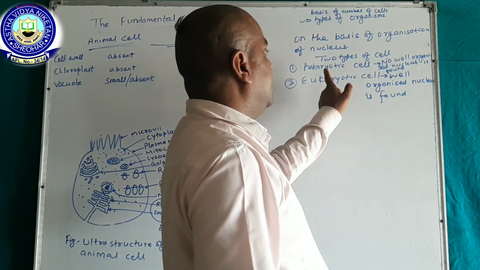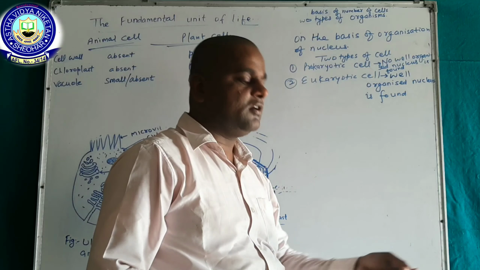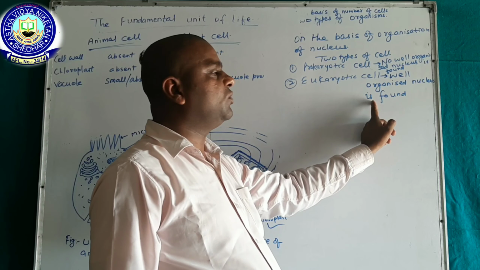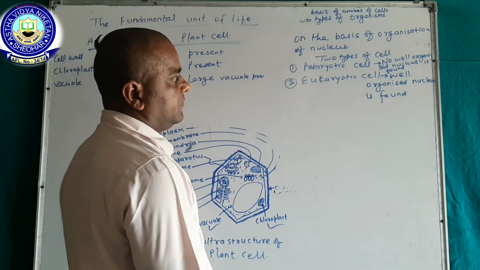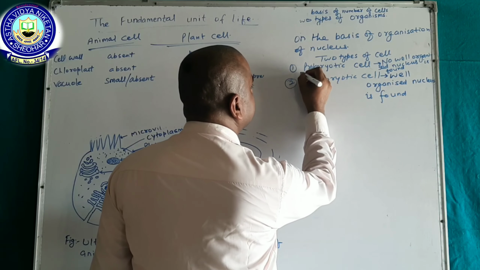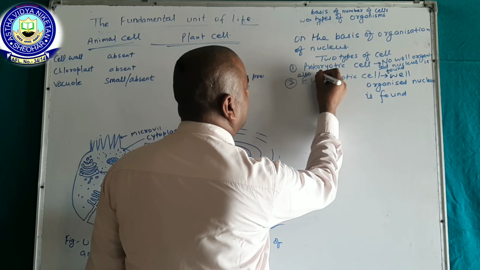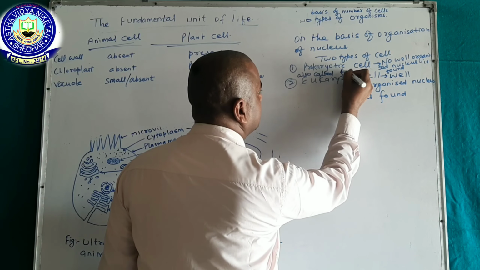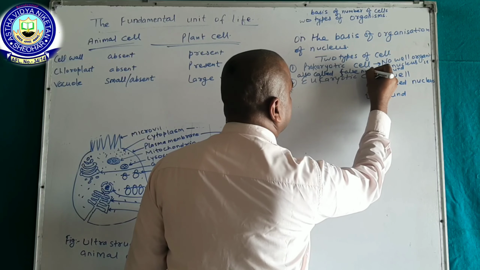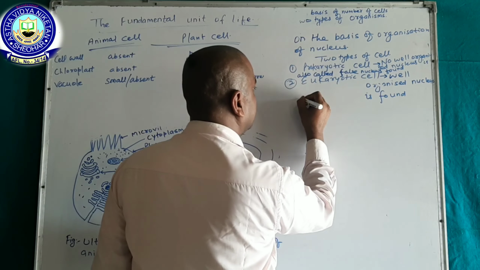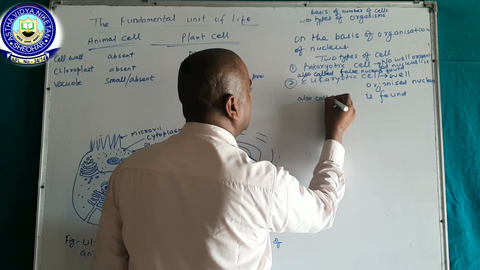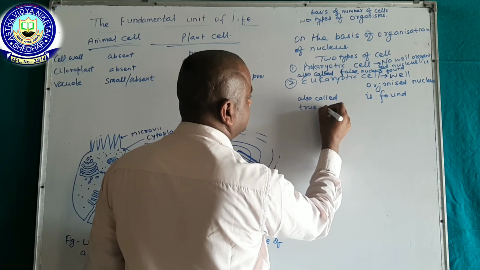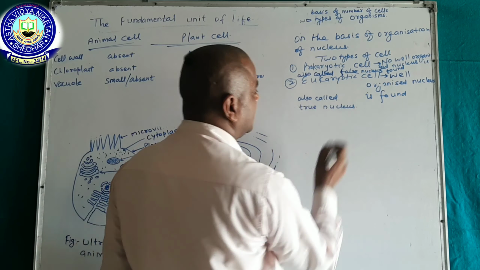So the prokaryotic cell is also called having a false nucleus, and the eukaryotic cell is also known as having a true nucleus.